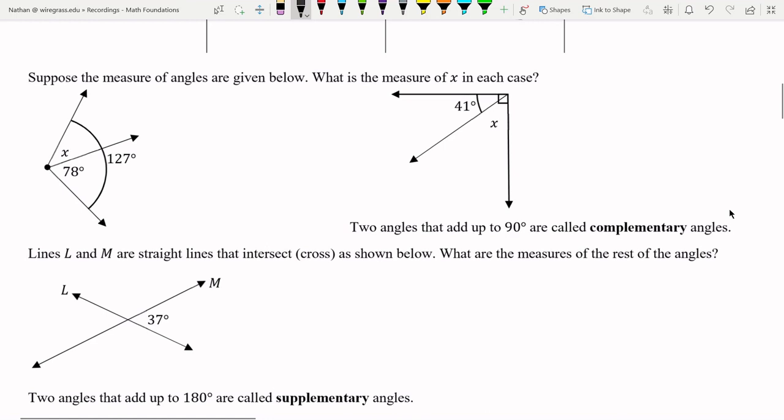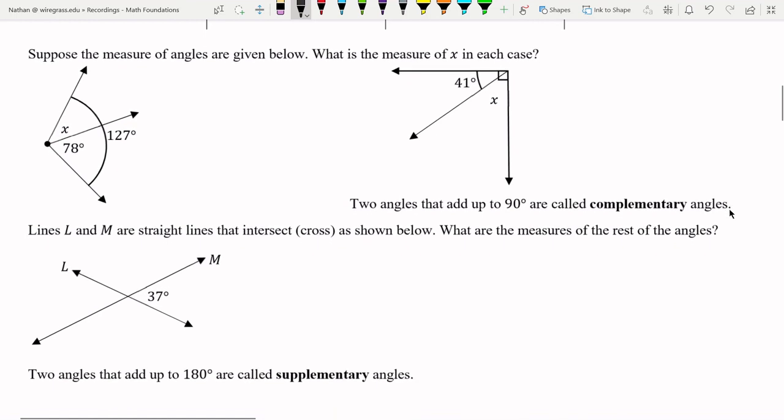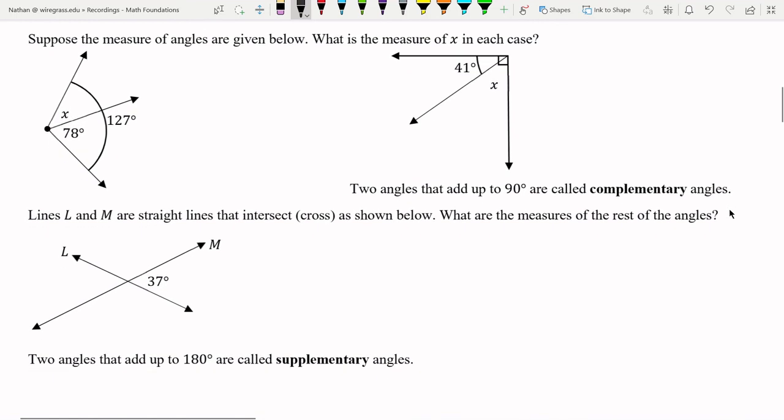Okay, we can ask some questions about angles and use information given to solve problems. If this angle here is 127 degrees, and I know that this angle here is 78 degrees, then what is this angle here?